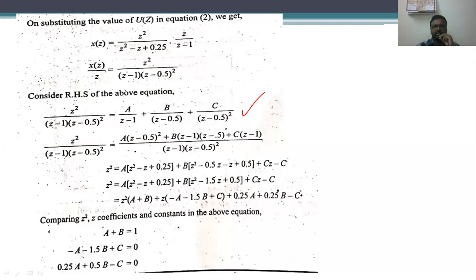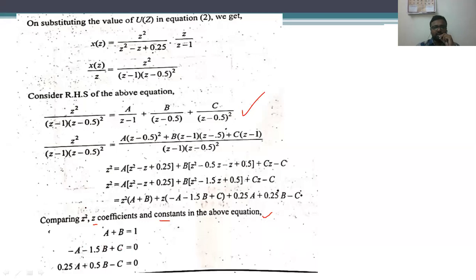So just equating this particular one and comparing the z square terms on both sides, we are going to get the expression that is A plus B is equal to 1, and comparing the z coefficients, we are going to get the expression that is minus A minus 1.5 into B plus C is equal to 0. And after comparing the constant values on both sides, we are going to get 0.25A plus 0.25B minus C is equal to 0.